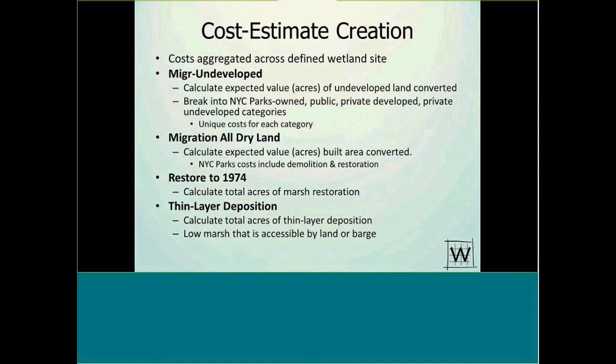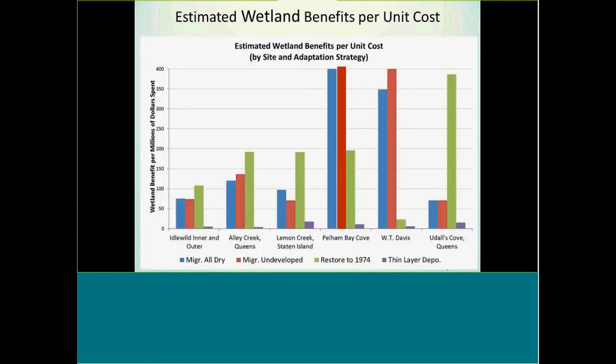So again, we looked at the public to private breakdown. We considered areas that were developed as ones that would need to be purchased. Private land that was undeveloped, we assumed that there might be an easement that could be purchased in those cases. And then you end up with your estimated wetland benefits per unit cost.